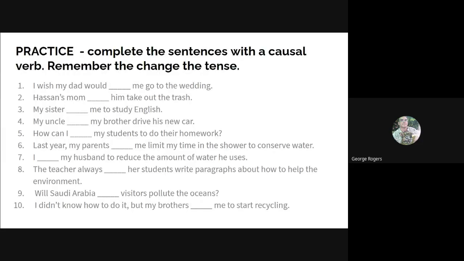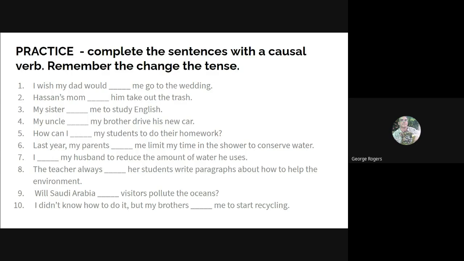And get is when we're not forcing somebody to do something, but we're trying to beg, convince, or persuade. So persuade is kind of if you reward somebody to get them to do something. Convince means you're just talking to them, saying this is a good idea.